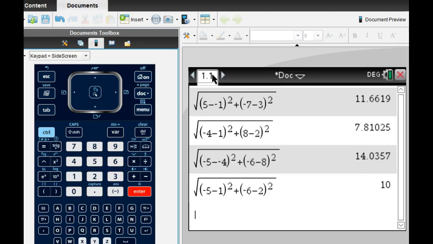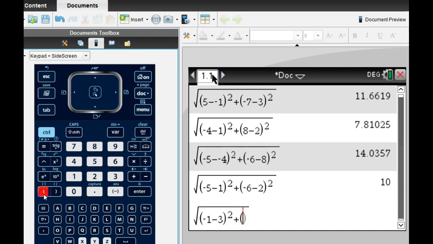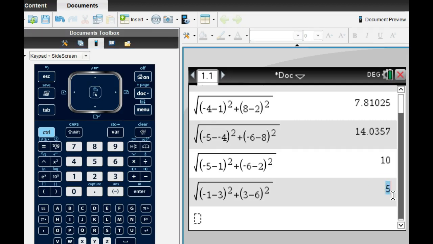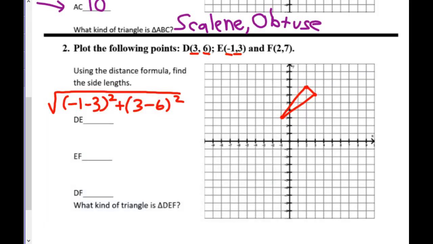Plug it in, square root, -1 minus 3 plus 3 minus 6 is legit 5. Look at that. So 5 is my DE. By the way, this should be DEF.